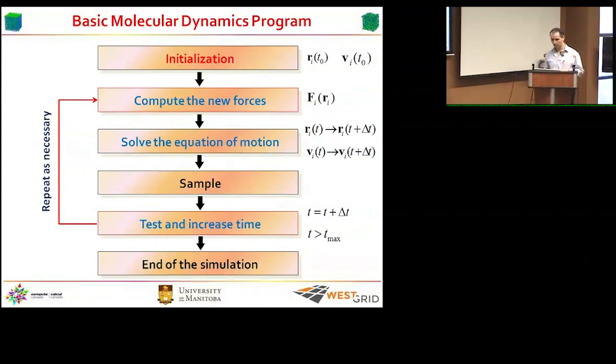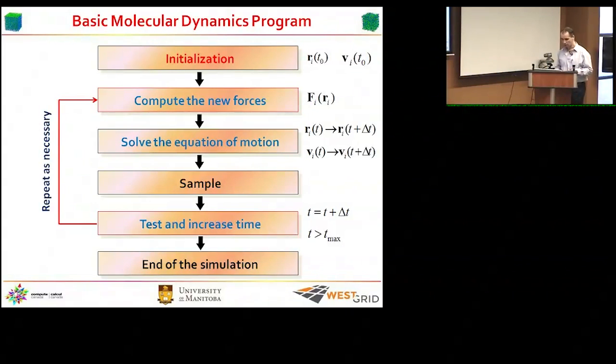When we have the force, we can use one of the algorithms I talked about to solve the equation of motion. We determine the position and velocities at time t plus delta t. We start from 0, we add the time step delta t, so we have the positions and velocities at the next time.